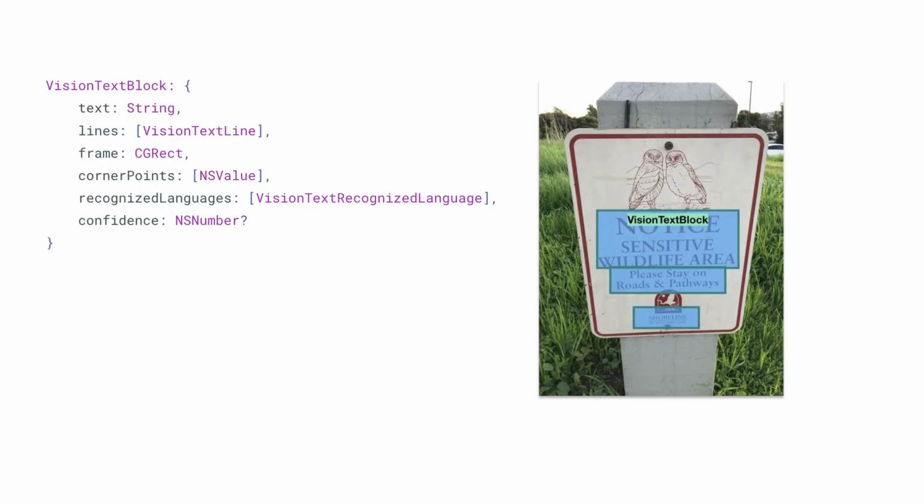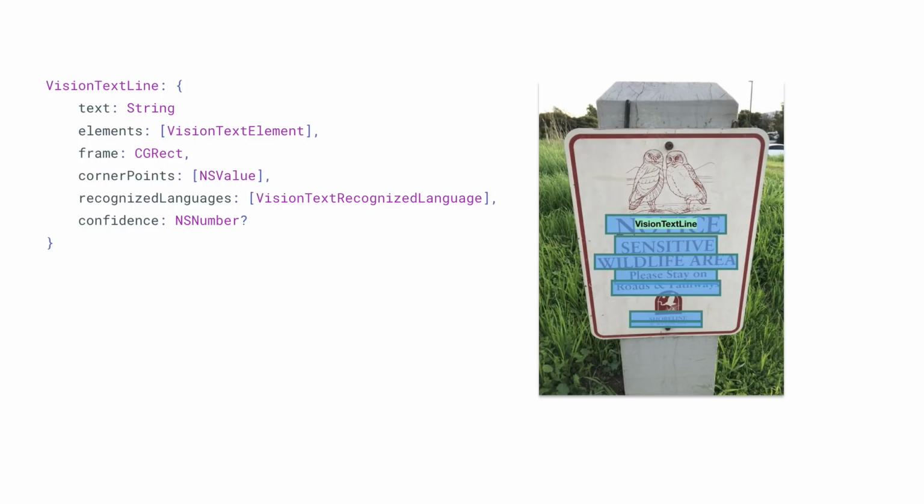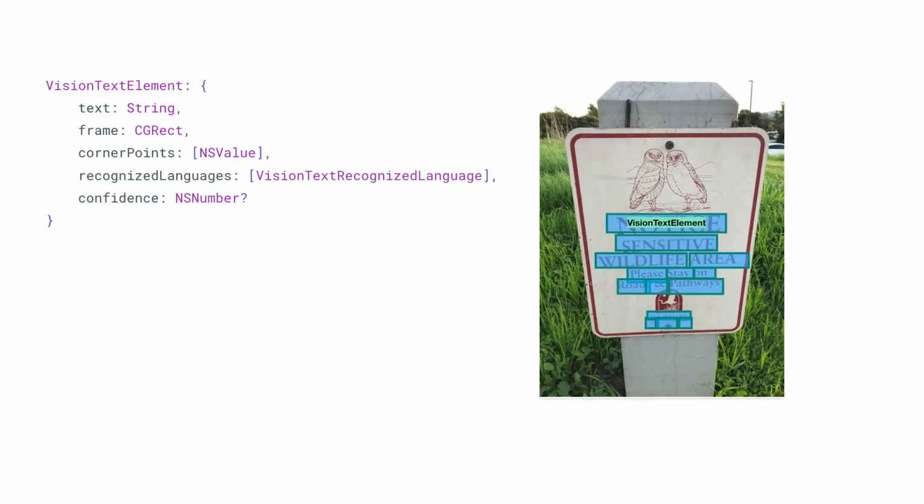Let's zero in on this one property, an array of type vision text line. A vision text line is a line of text recognized in an image. Noticing a pattern here? Finally, a vision text element is a text element recognized in an image. A text element is roughly equivalent to a space-separated word in most Latin script languages.